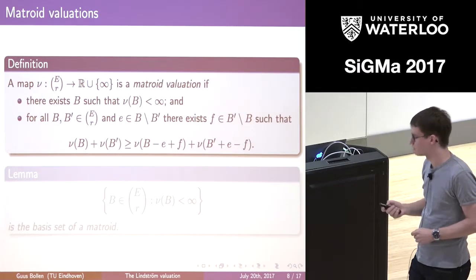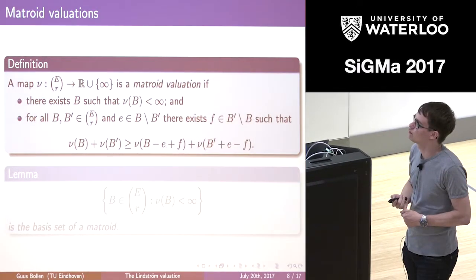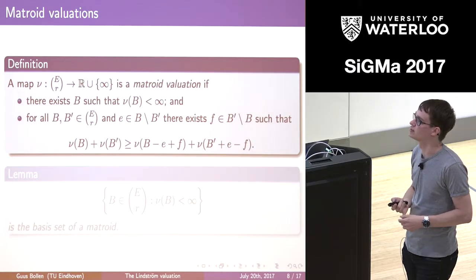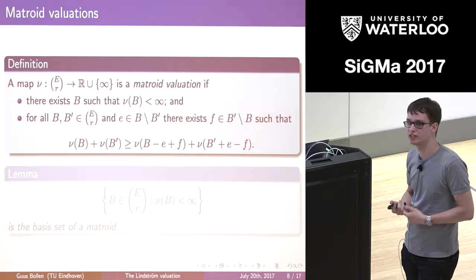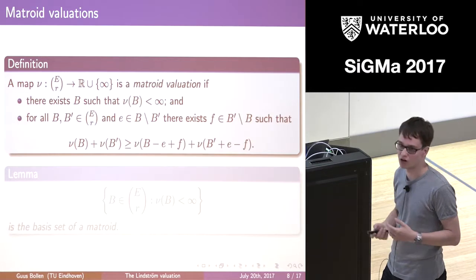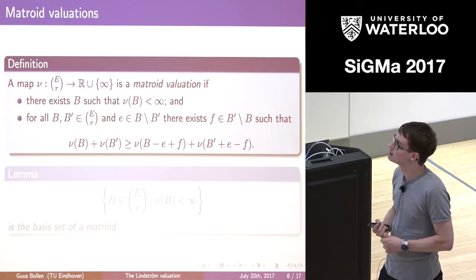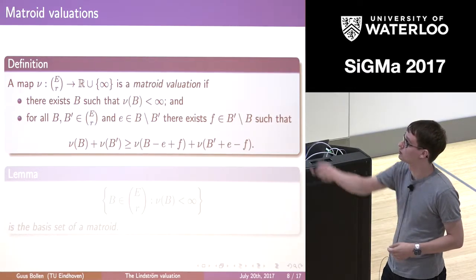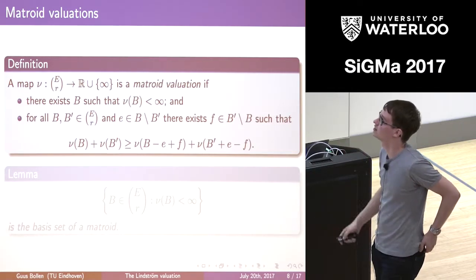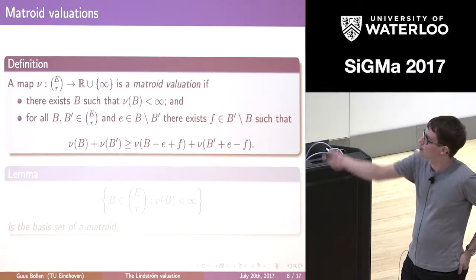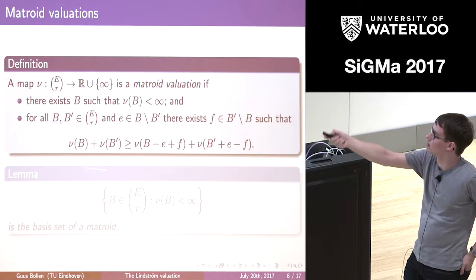So we start off with matroid valuations. A matroid valuation is a map from r-subsets of E to the real numbers, including infinity, with a submodularity condition.